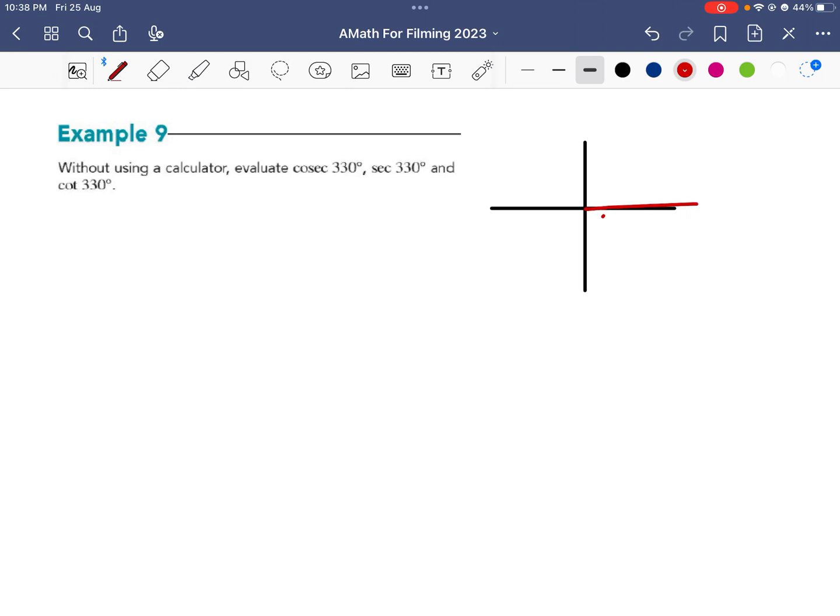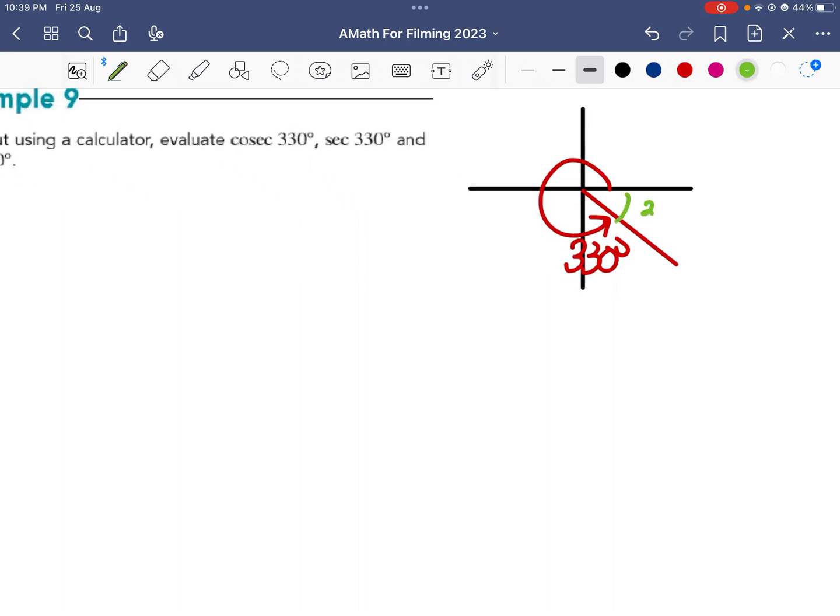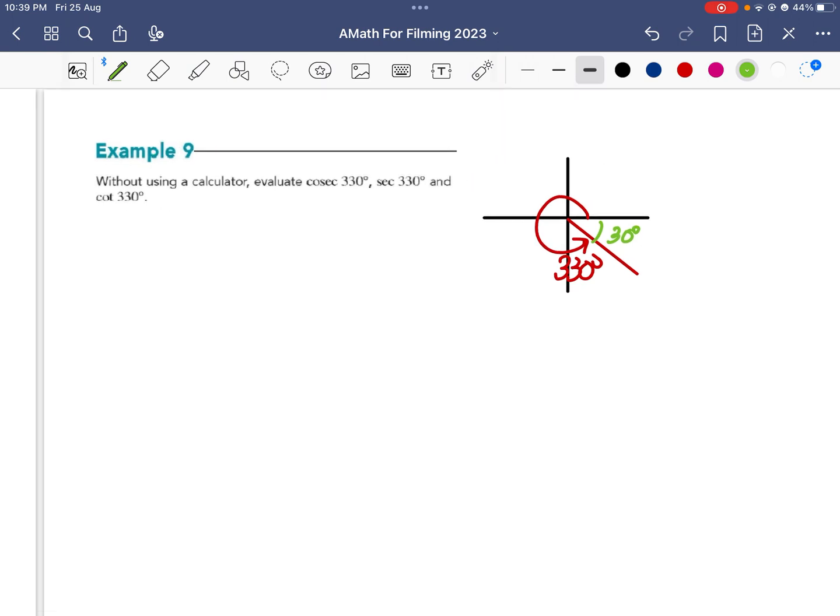Don't know why this thing is not working out so well today. Okay, I just give up. You can tell that it will land up in the fourth quadrant. So 330 degrees is here, and my reference angle here is 30 degrees.